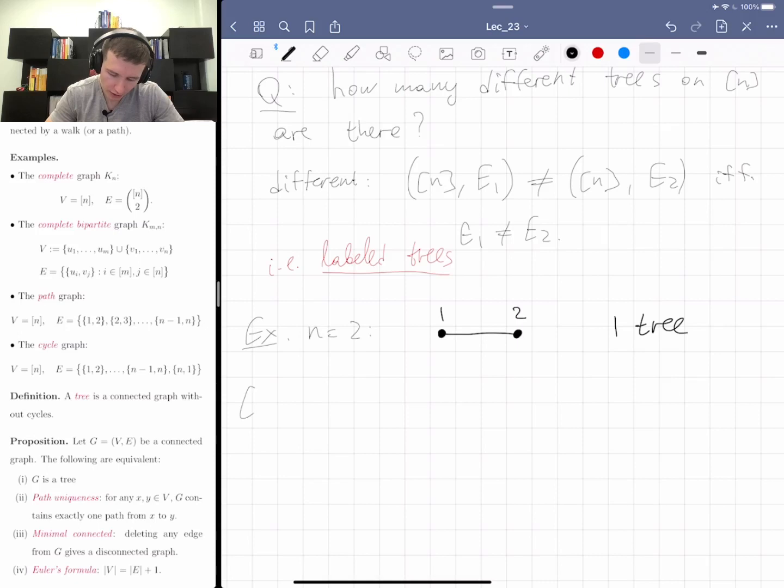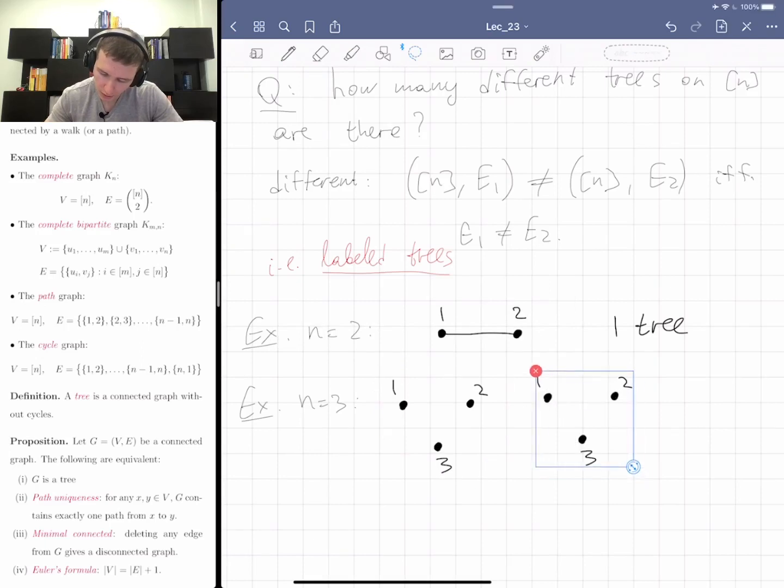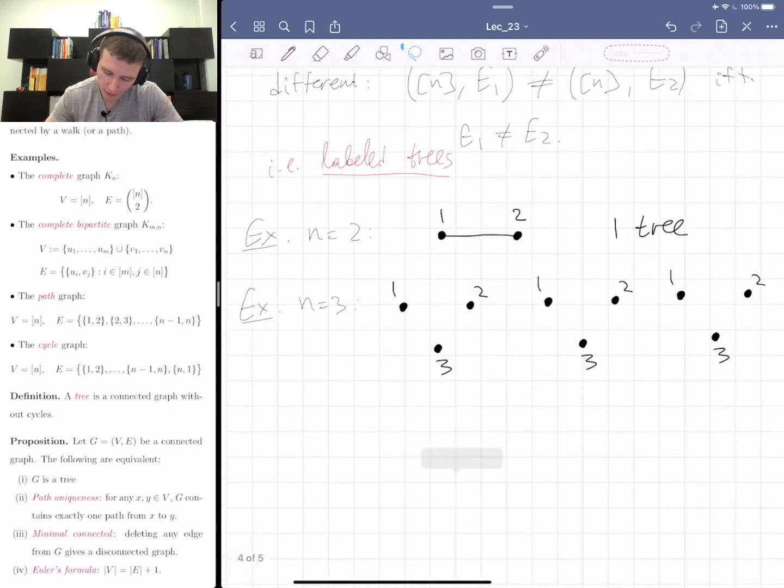Now let's try n equals 3. I have 1, 2, 3. Can somebody tell me how many trees there are for n equals 3?